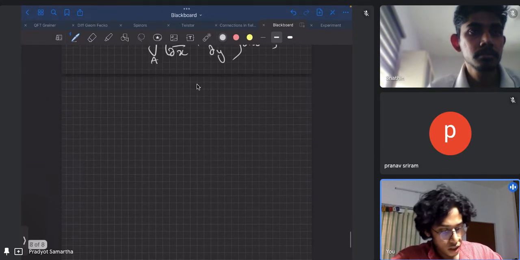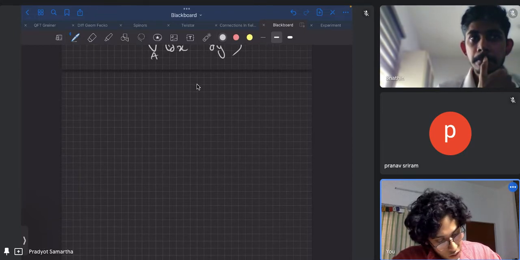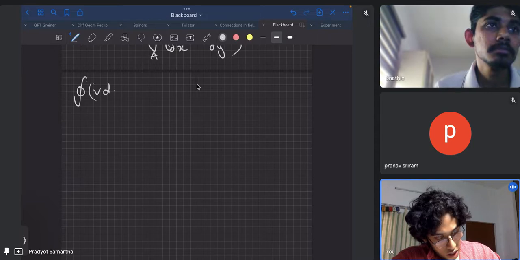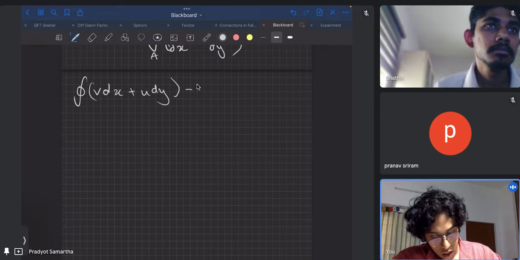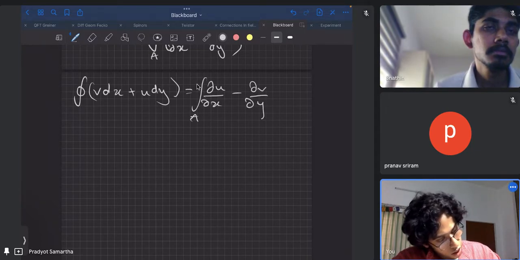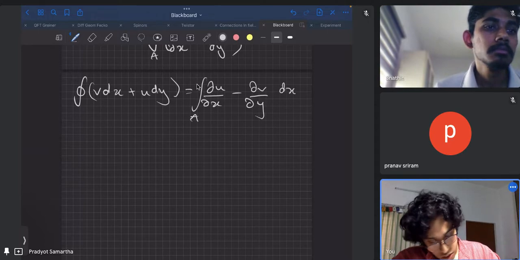Now evaluating the second term, we have the integral of v dx plus u dy is equal to the area integral of (∂u/∂x minus ∂v/∂y) dx dy.